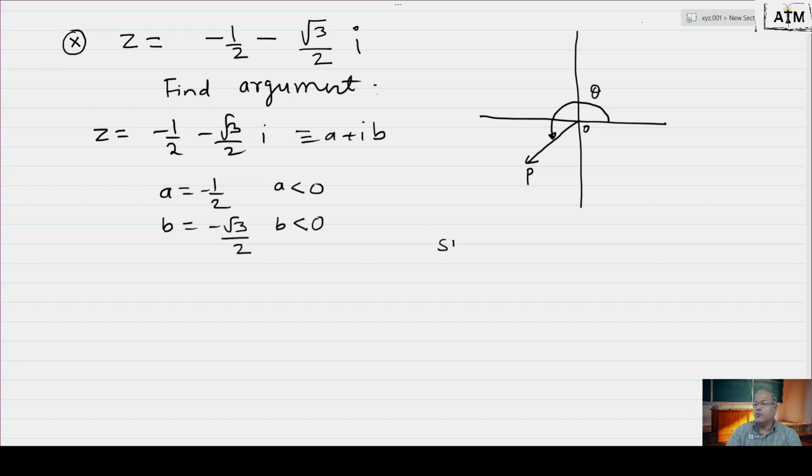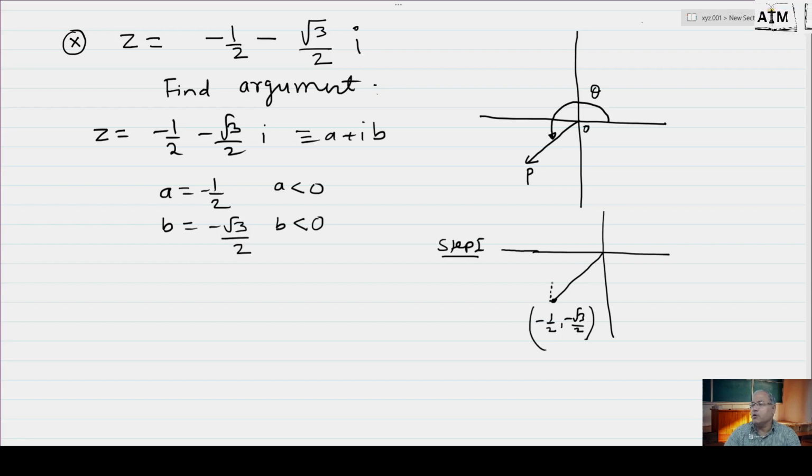So in step 1, first of all we draw the point. The point is minus 1 by 2 comma minus root 3 by 2. From here we draw the projection and call this angle alpha. So tan alpha equals b upon a.